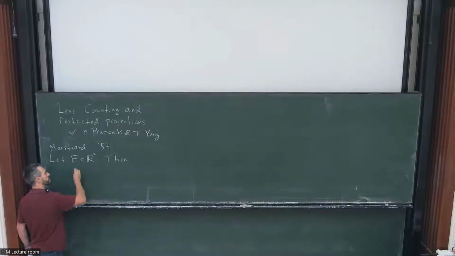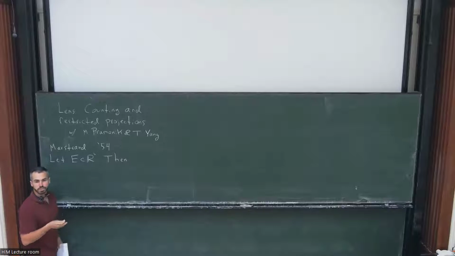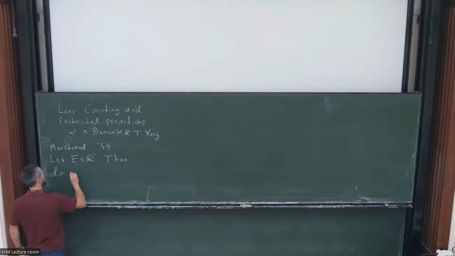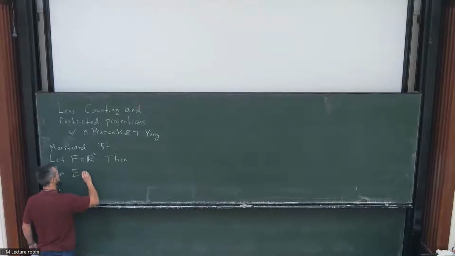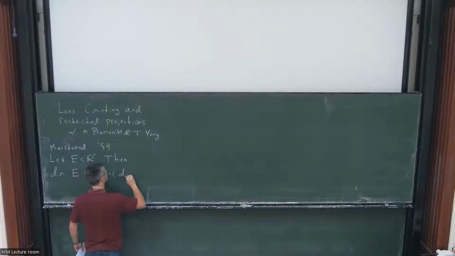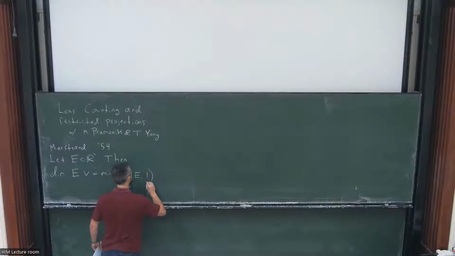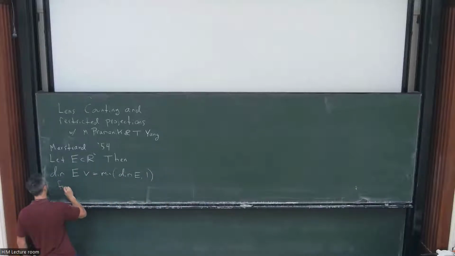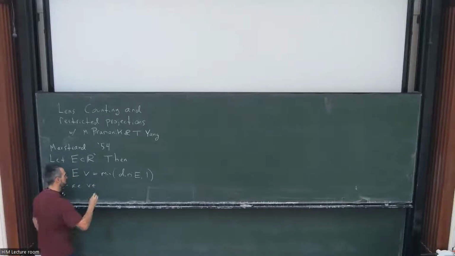And assuming that the dimension of E isn't too big, then in general, this will preserve the dimension of E. So the dimension of the projection of E onto V, if V is a unit vector, will be the minimum of the dimension of E and, well, the biggest dimension this could have is 1, and this is true for almost every V in, well, I'll say V in S1.